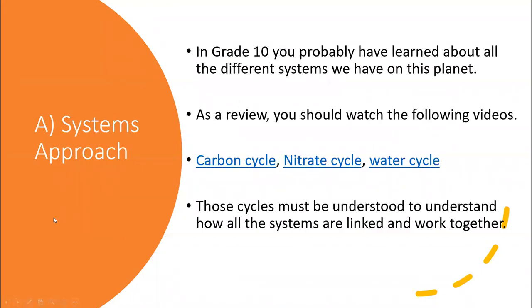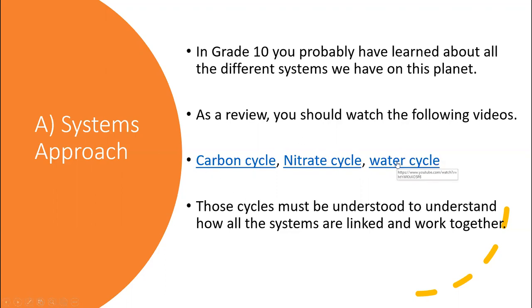System approach. Well, in grade 10, you probably have learned about all the different systems we have on this planet. So as a review, if you don't remember, or if you didn't see it, I know most of you should know the water cycle, but maybe not all of you know the nitrate cycle and the carbon cycle. It depends, it varies. So why do I say this?